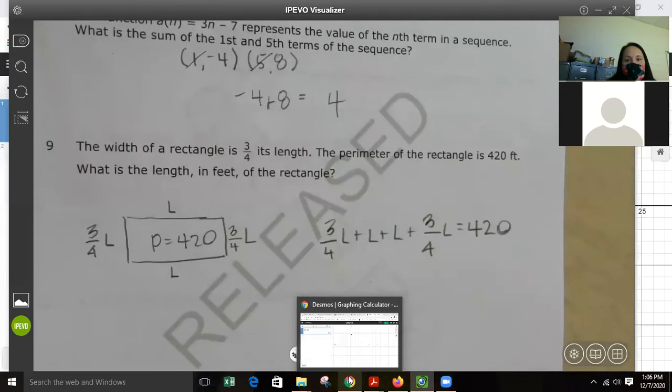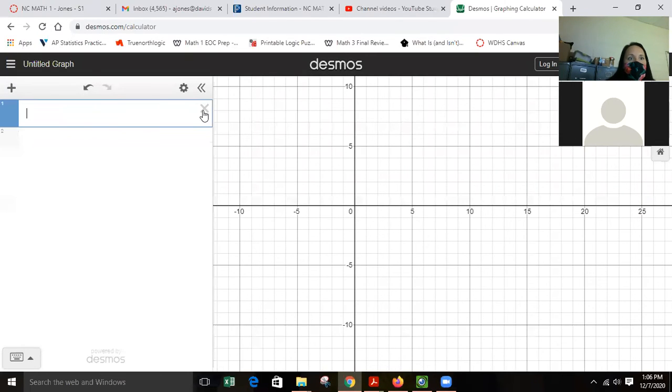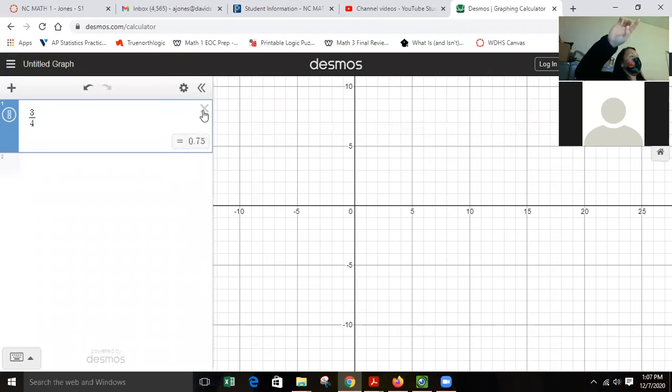If I add these numbers together, I'm going to go ahead and show you. 3/4. Remember, 1L plus 1 plus 1 plus 3/4. To get outside, guys, just to throw that back out there, when you type in your divide and you type in your 4, you have to push over to get out of that fraction.